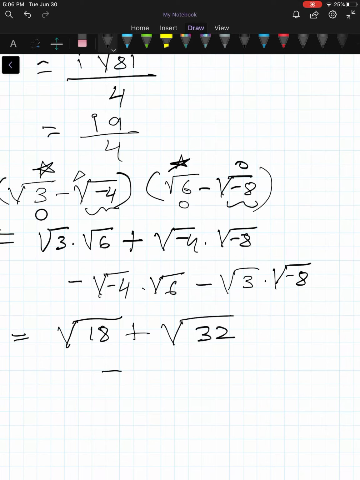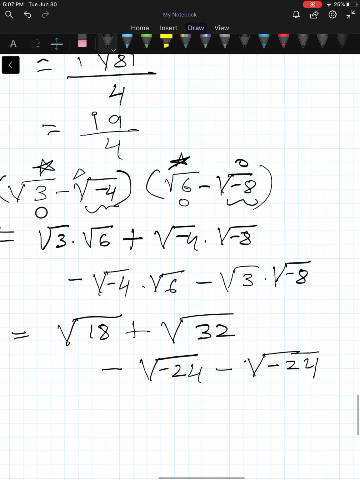So that would be square root of 32 minus square root of negative 24, square root of negative 24 minus square root of negative, sorry, yeah, correct, again 24.